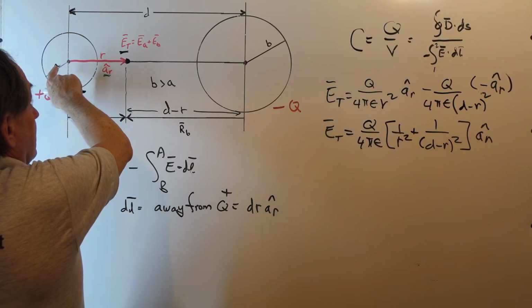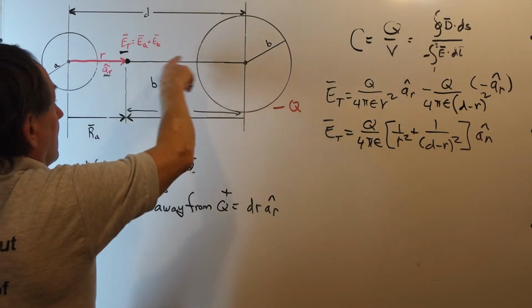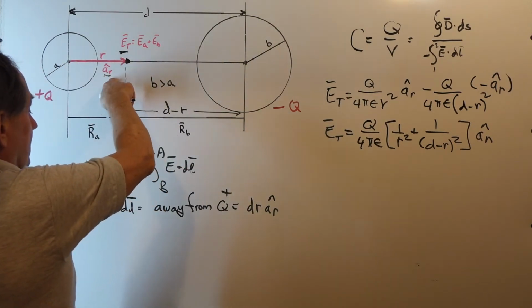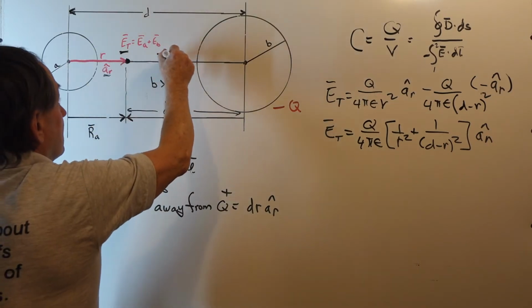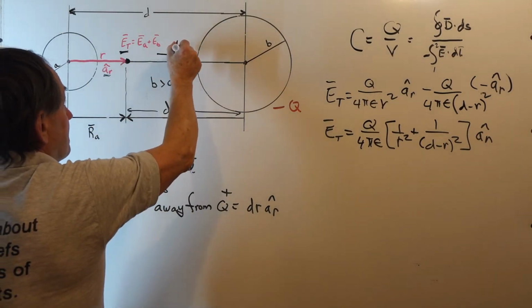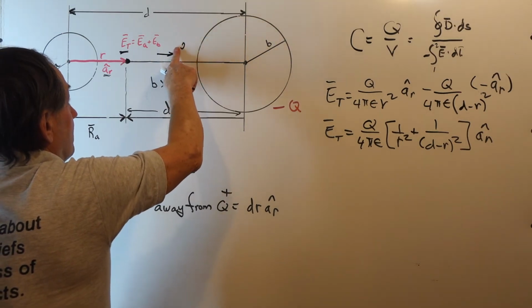If I integrate along this line, the differential length I'm defining to be in the AR direction. This is my differential path length.